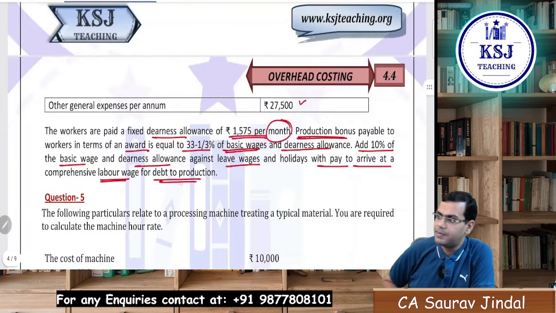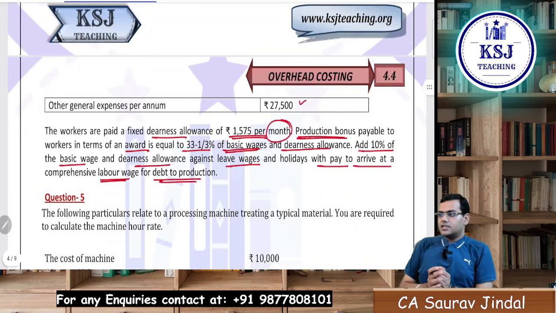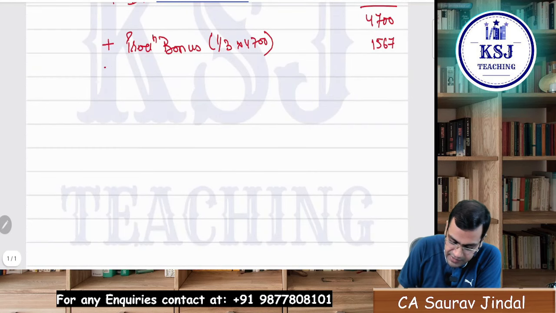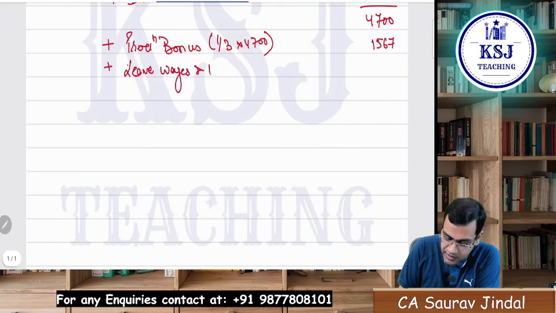Anything else to be paid, sir? Yes, he says 10% is to be added for leave wages and holidays. Okay, sir, we will add that also, leave wages and holidays.